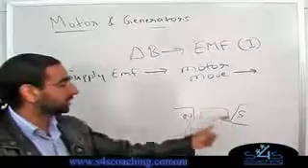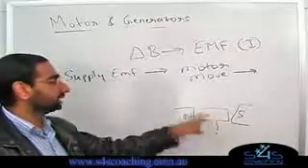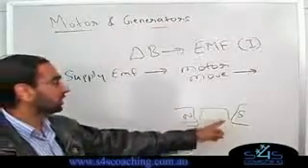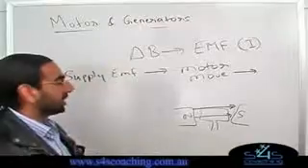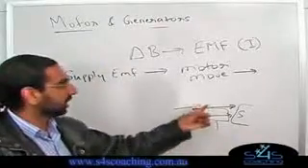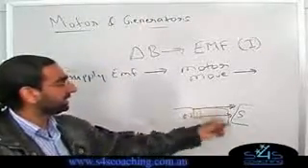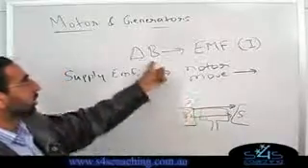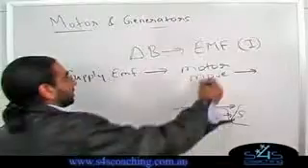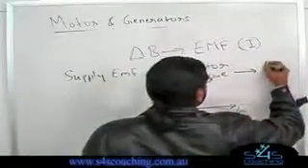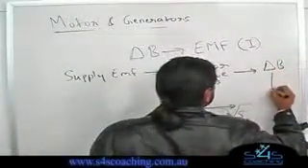Now, as this coil moves, it is in a changing magnetic field. Why? Because it's cutting the lines. You know, there's lines going from north to south, and this coil is cutting the lines. Because this coil is in a changing magnetic field, I know that a changing magnetic field will produce an EMF. The motor moves, which produces a changing B, which produces an EMF.